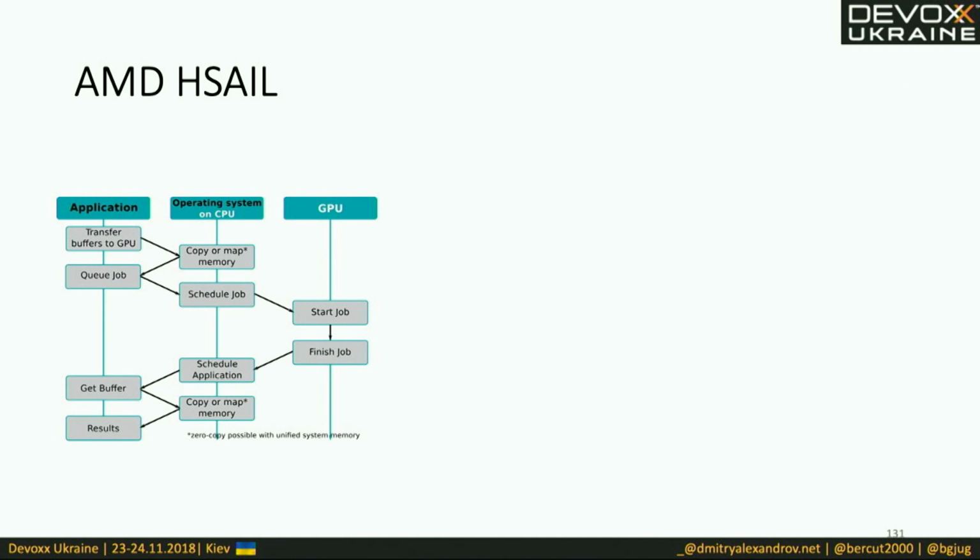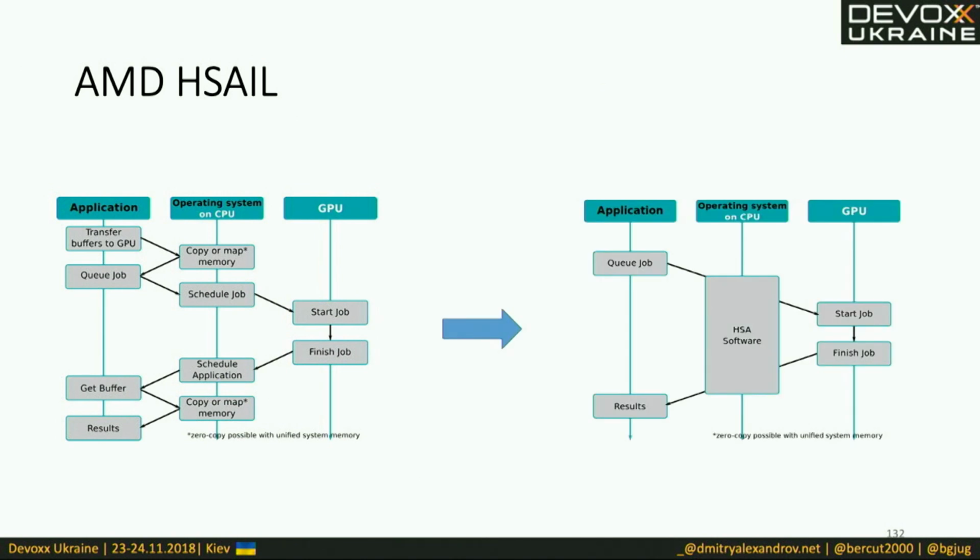AMD said, we have to optimize it. So they created some kind of LLVM language for the GPU, which transformed our code into LLVM. You have probably heard of LLVM. If you haven't, Google it, it's cool.